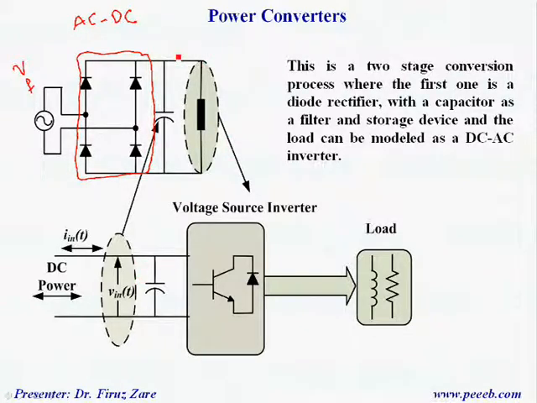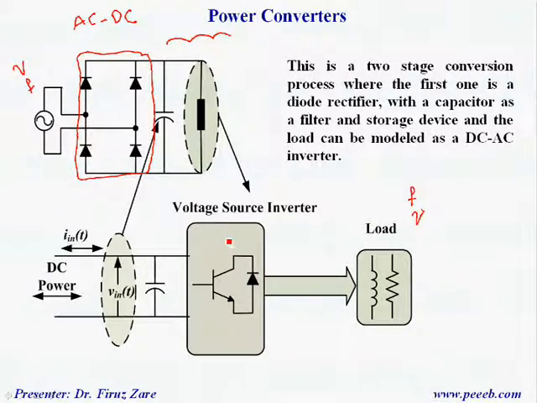What we get across the capacitor is unregulated DC voltage. Now for some applications like a motor drive, we need to control the output frequency and the output magnitude.